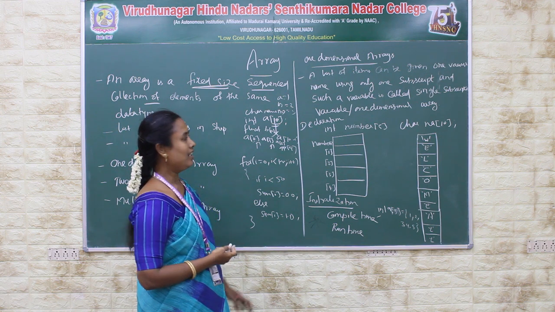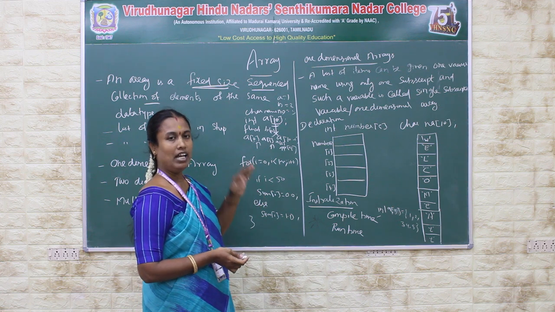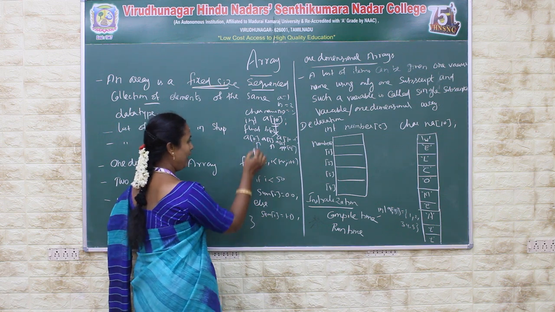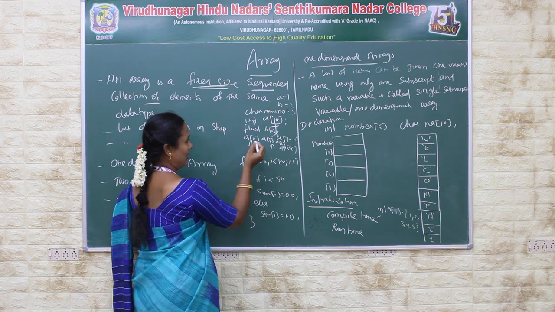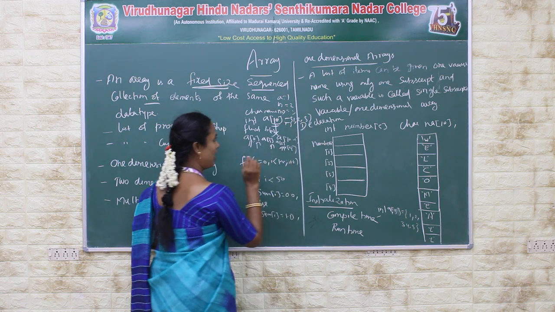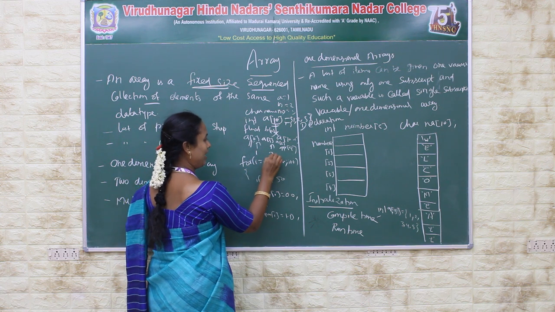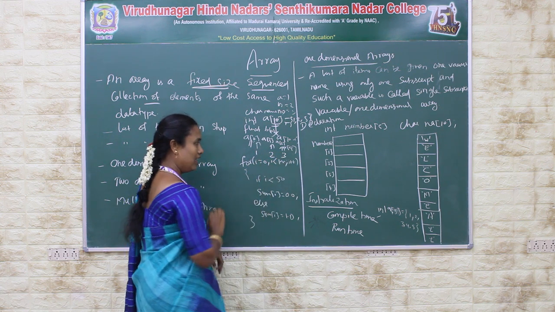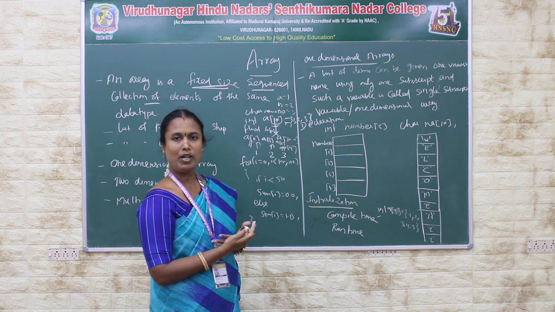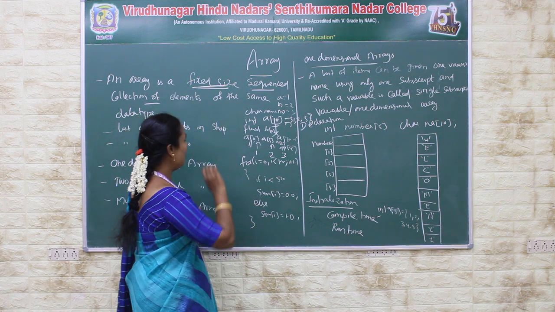For example, the size of the array is a of 10, but I need to store only 3 elements, so I store them from the starting index itself: a of 0 holds 1, a of 1 holds 2, a of 2 holds 3. Whenever I add more elements, the next indices are occupied. This is the sequenced collection of elements.